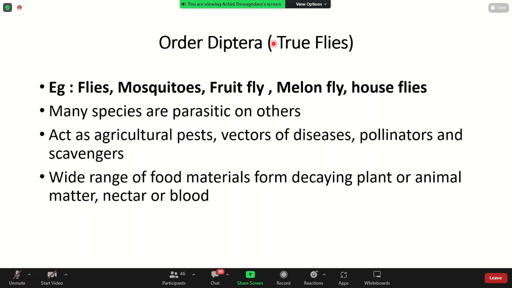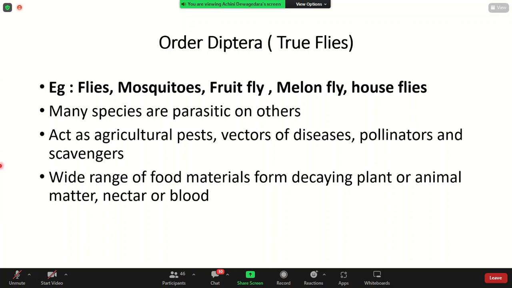So some insects are parasitic on others, like mosquitoes, they consume others. Right? And some act as agricultural pests, vectors of diseases, some act as pollinators, some act as scavengers. So there are many variations in their function, right?